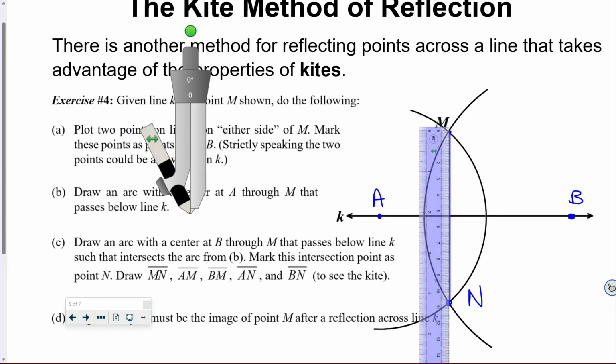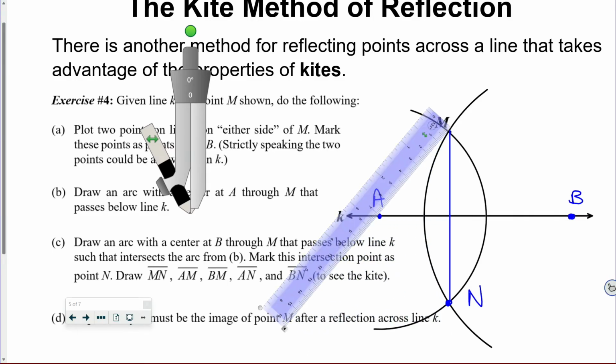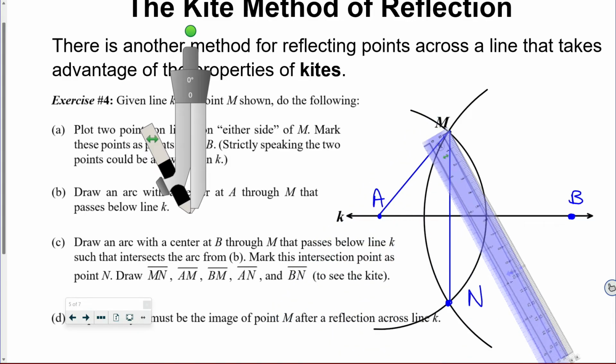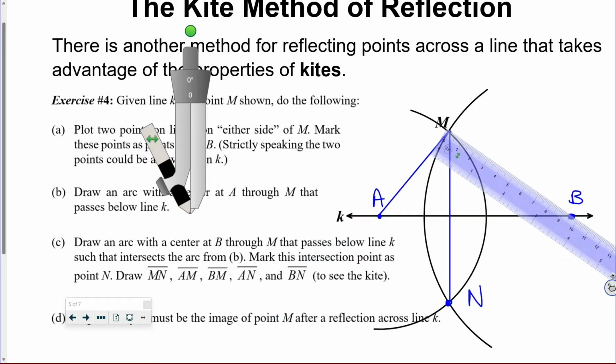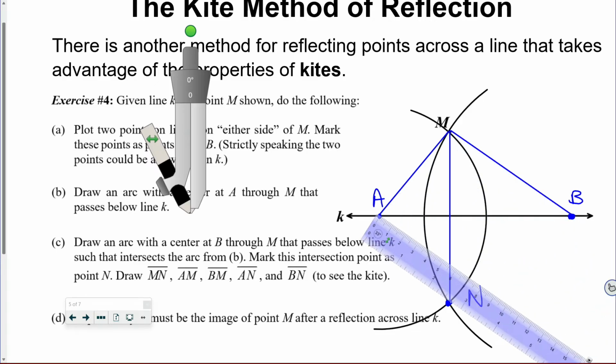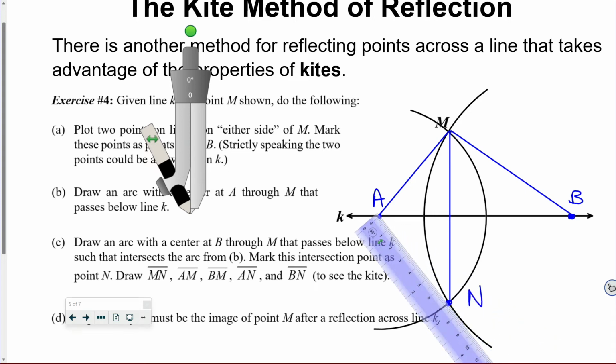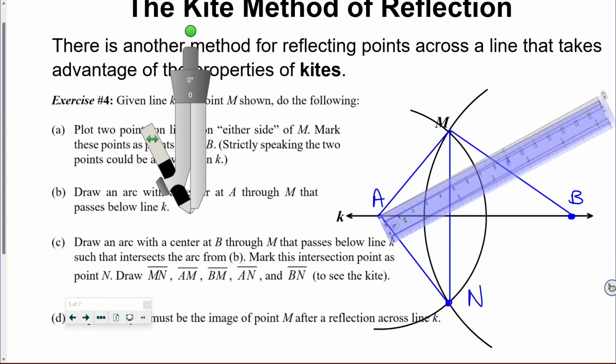I'm going to draw in segment AM. I'm going to draw in segment BM. All of that is pretty easy because of how my electronic ruler works. Then I want to get segment AN and segment BN.